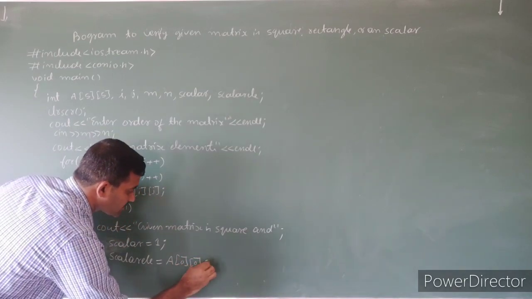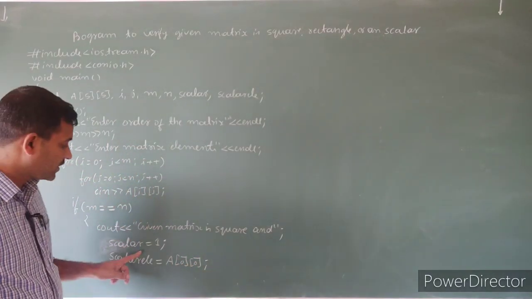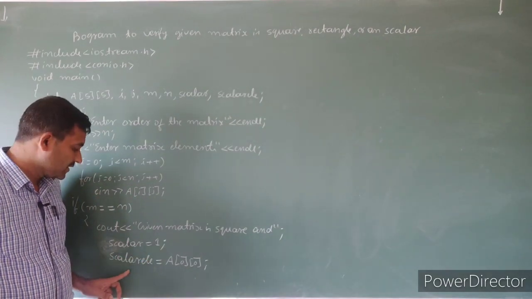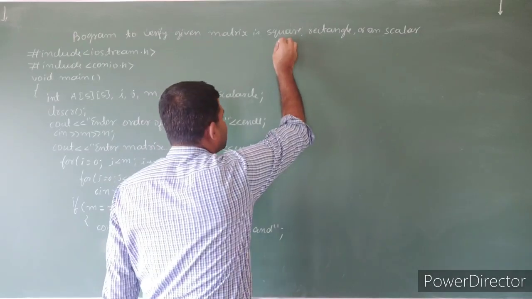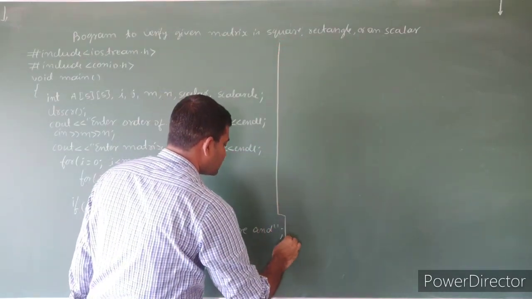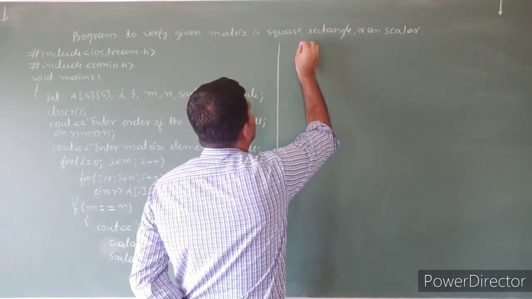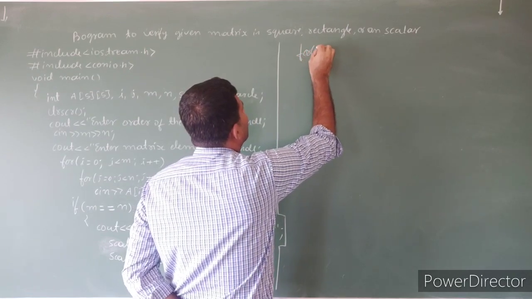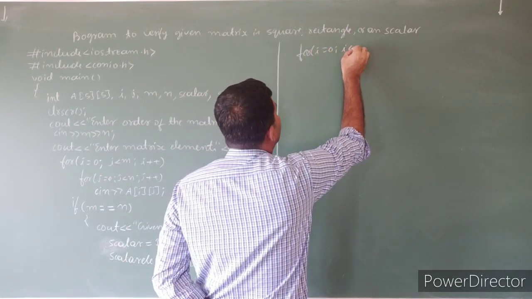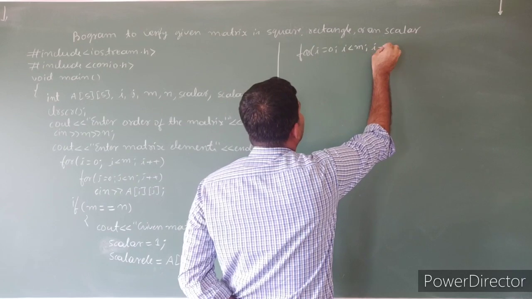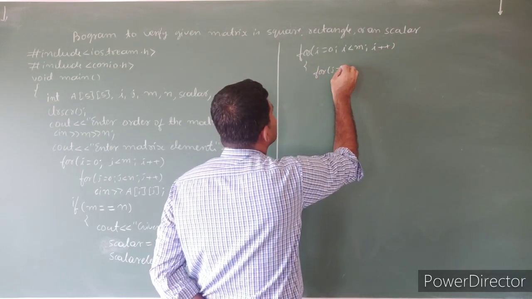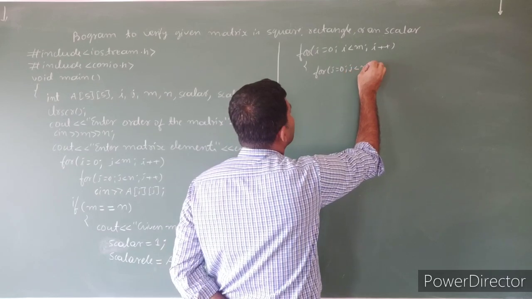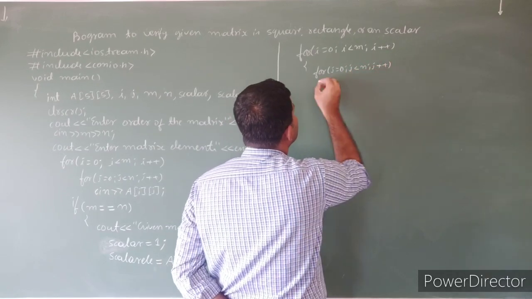Assume that the given matrix is a scalar, then scalar element equals a of 0, 0. Then to access the matrix elements, use for loop i equals 0, i less than m, i plus plus, and for j equals 0, j less than n, j plus plus.